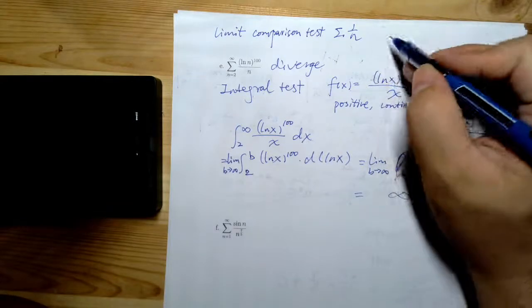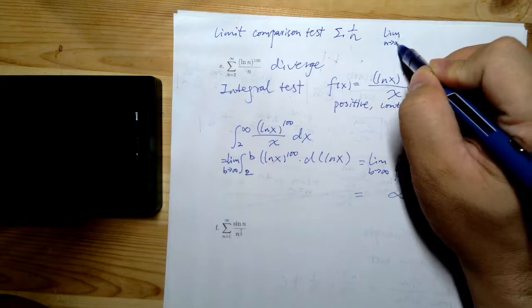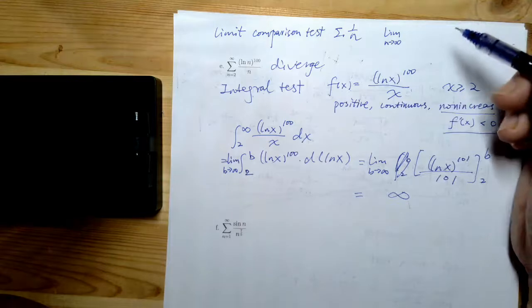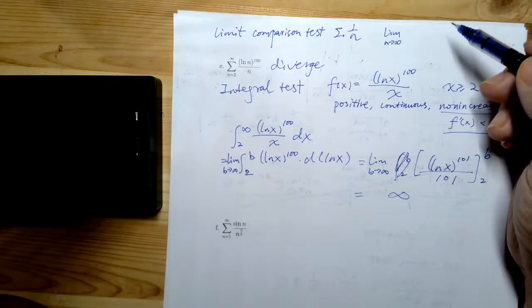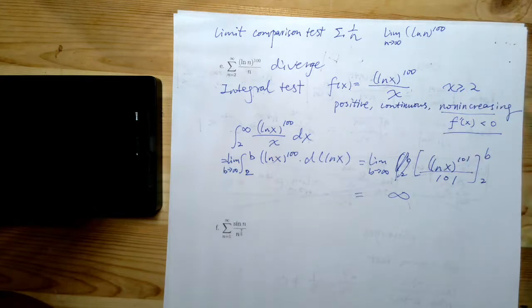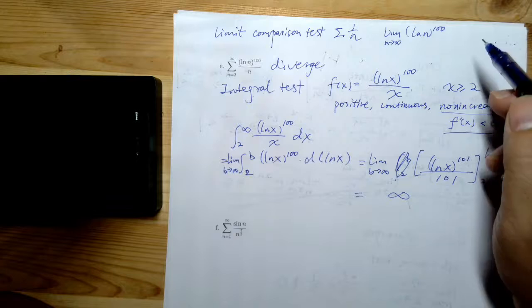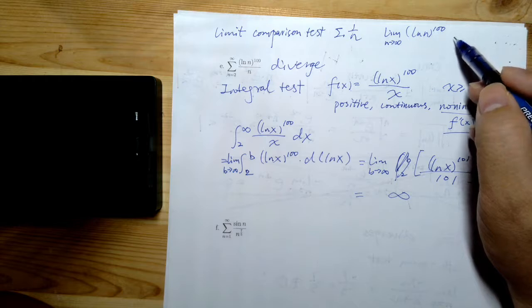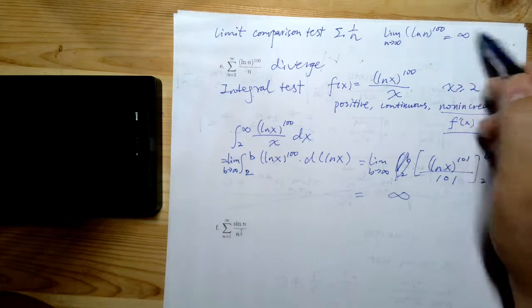If you take the limit as n goes to infinity, so take the ratio of this, you're going to have (ln n) to the power of 100, and if you take this limit, that actually goes to infinity.